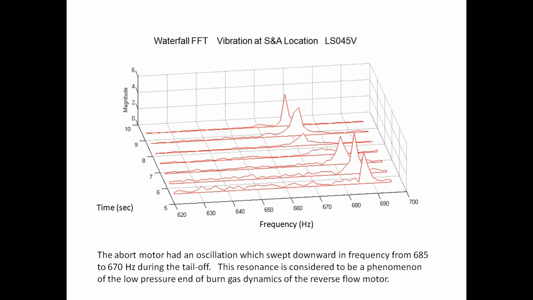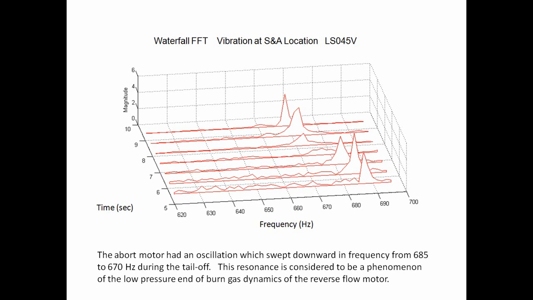Another thing to realize is that as the propellant is burning away, the acoustic cavity volume increases, and as that volume increases, the acoustic pressure oscillation frequencies decrease. So that changes in the opposite direction from the body bending frequency shift.